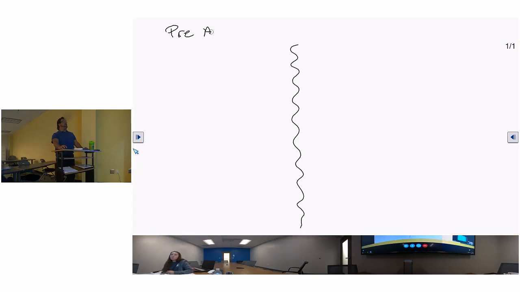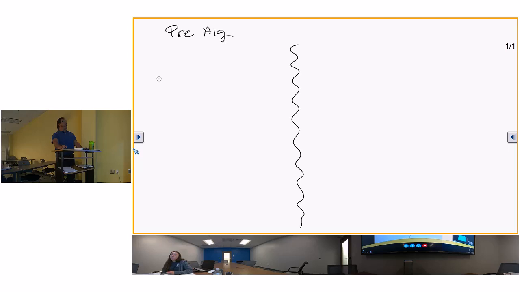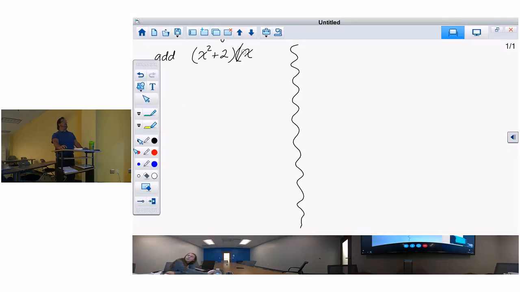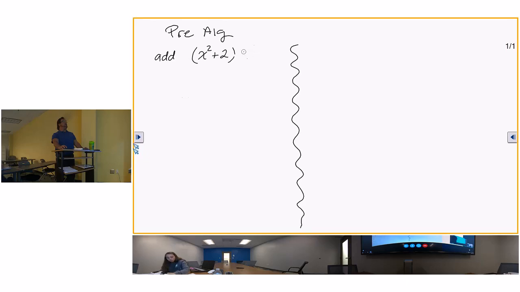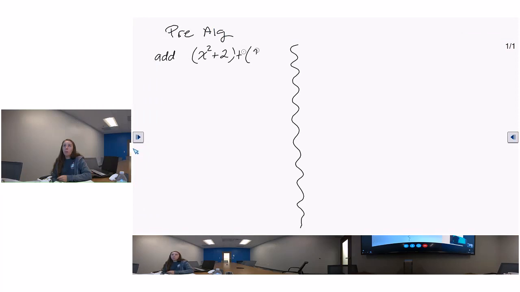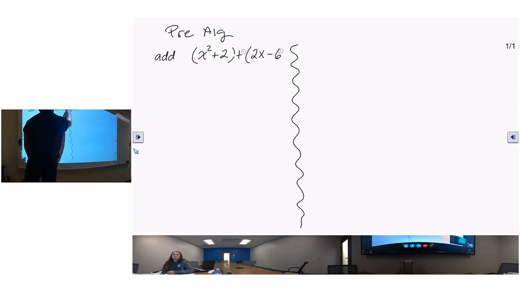Pre-algebra, you were told that you wanted to add or combine, whatever you want to call it, x squared plus 2 plus 2x squared minus 6.